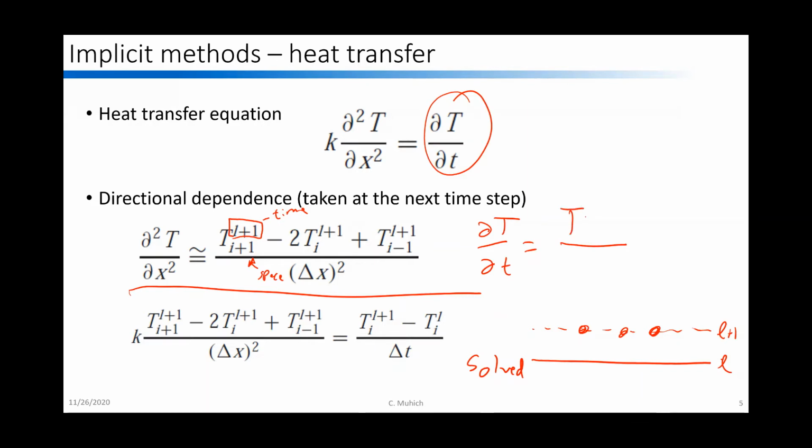I can only take a backwards derivative because I don't know what forwards is. So we can just say that T at L plus 1 at point I is T_I at L plus 1 minus T_I at L, over delta t. So now I'm looking between these 2 points over some time. I can take these two equations and put them into that top equation, and I end up with this.